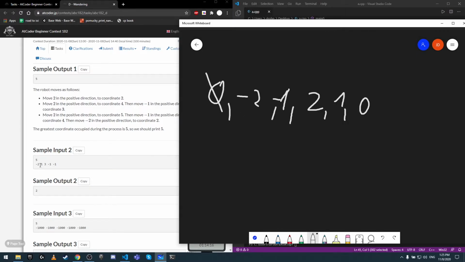We increased, but we decreased more than we increased. So at any point we are, wait, that is not true because we can go like 5 and then like -6, right? But that doesn't matter because at first we already went far.